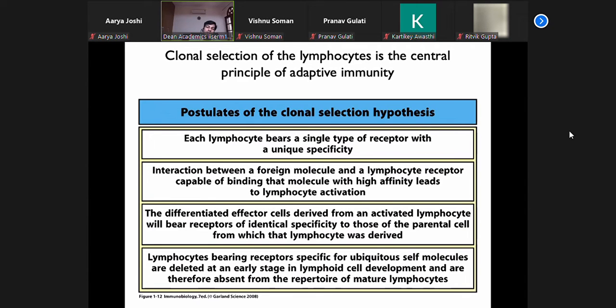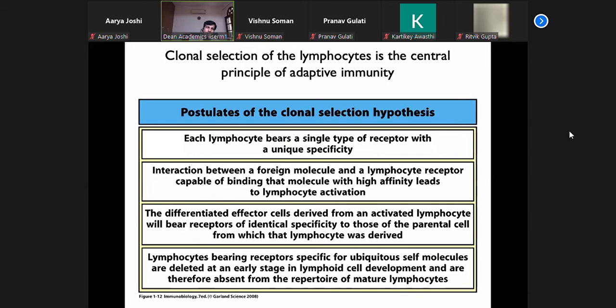But once this theory was proposed and evidence came that this actually is true and nobody was able to refute this theory, F.M. Burnet was recognized for his contribution and was given the Nobel in 1950s, '51, I guess, right? There were many more theories.